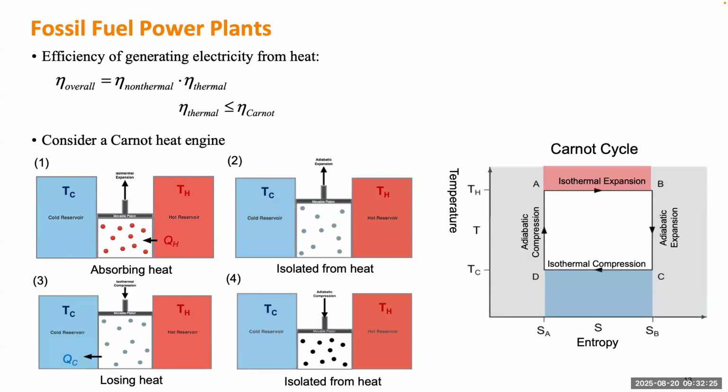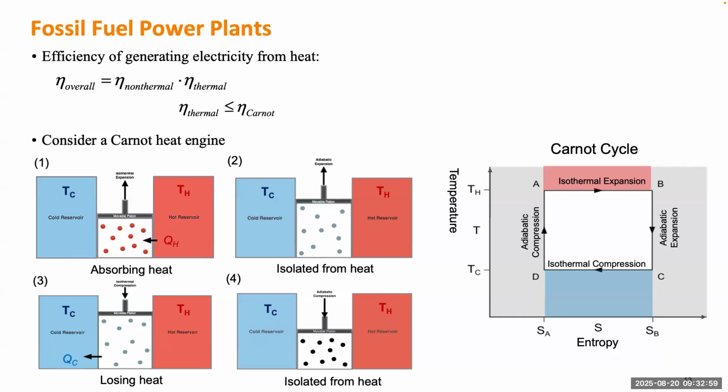Because if I visualize this on a plane of entropy and temperature, each step is orthogonal to one of the two axes. For instance, the first step is from A to B. The temperature remains the same at high temperature, but entropy goes up. In the next step, I isolate from both reservoirs, and entropy remains the same because the tank is isolated, so the temperature decreases.